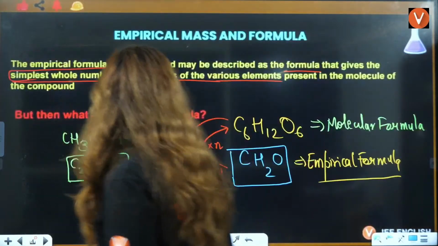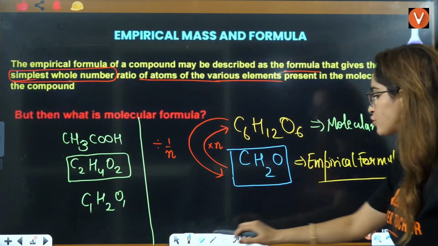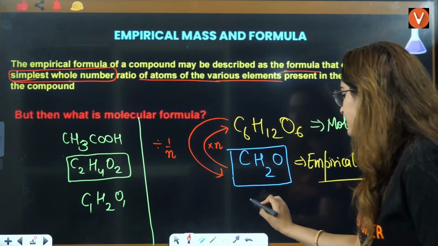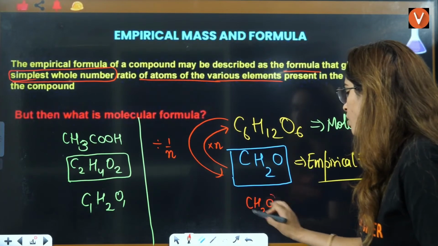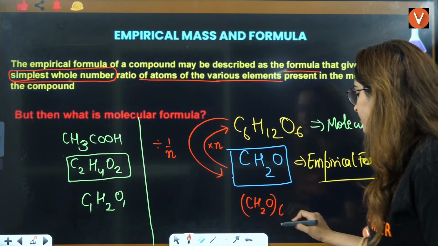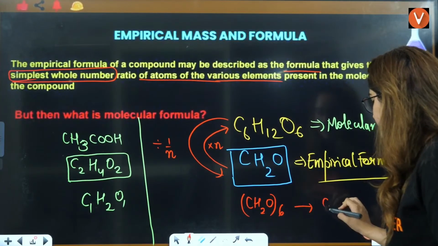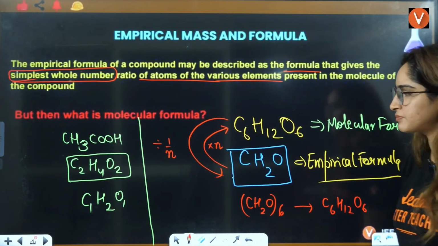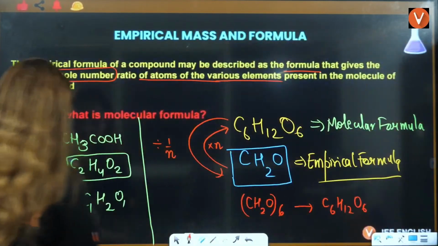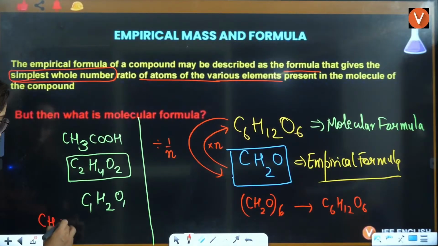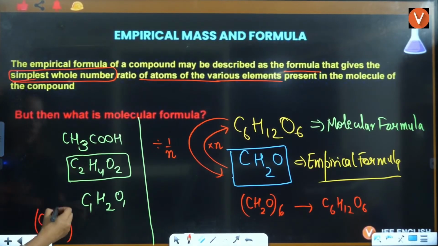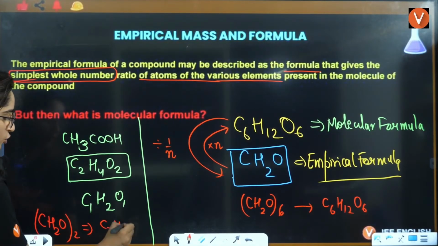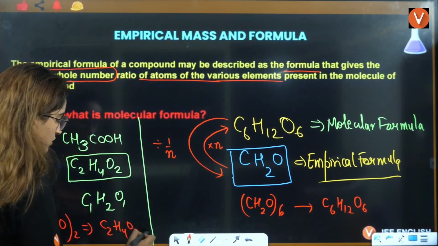Similarly here, it was CH2O and the multiplication factor is 6, so the answer will be C6H12O6. Here it is CH2O, the multiplication factor is 2, so this is C2H4O2.